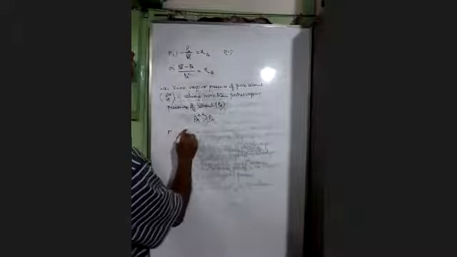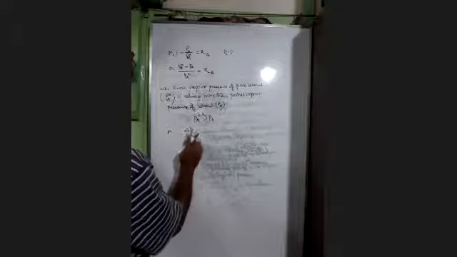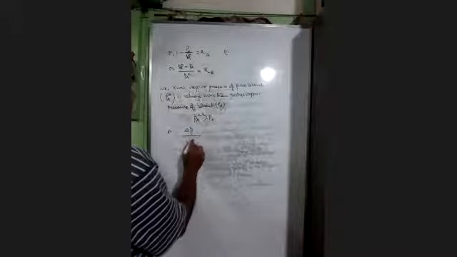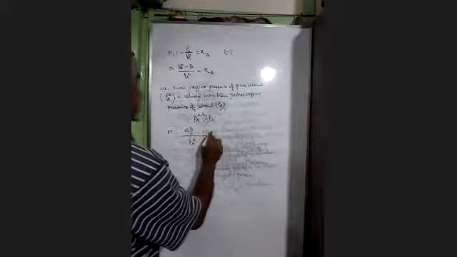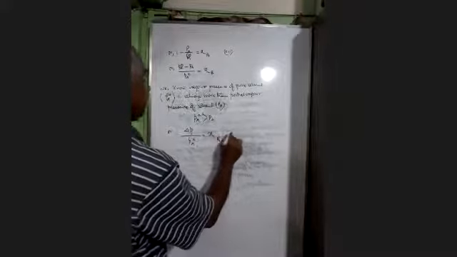So if I write here PA0 minus PA, what does it mean? It is a positive quantity. This is more, this is less. So what we can write? Delta P divided by PA0 equal to chi B. So what is delta P?